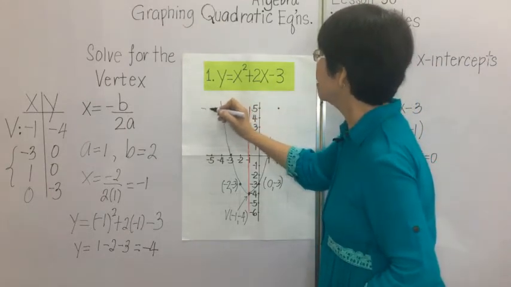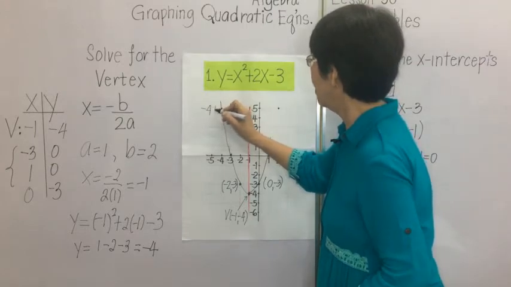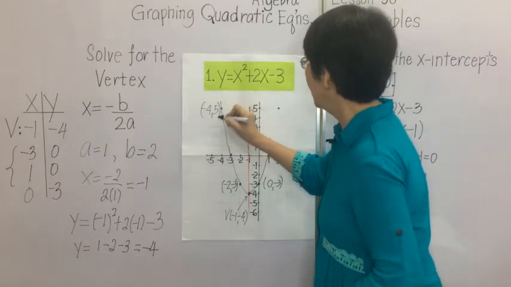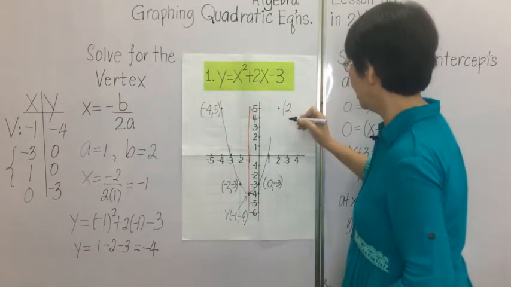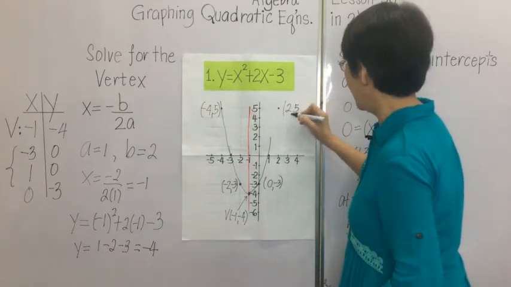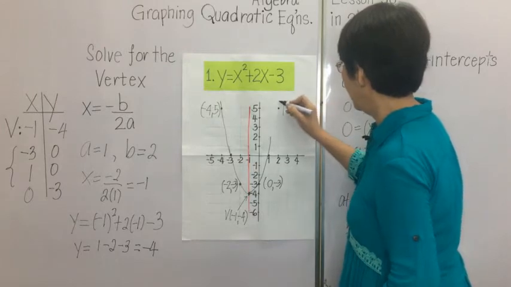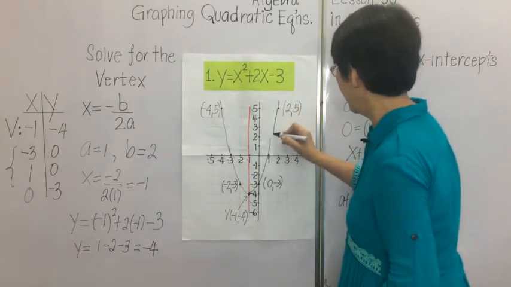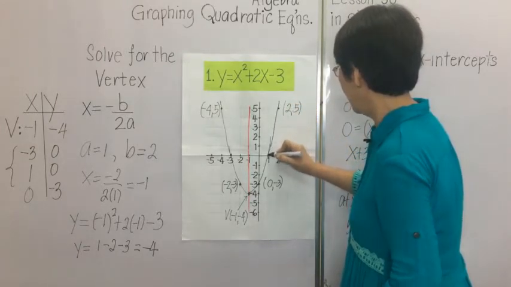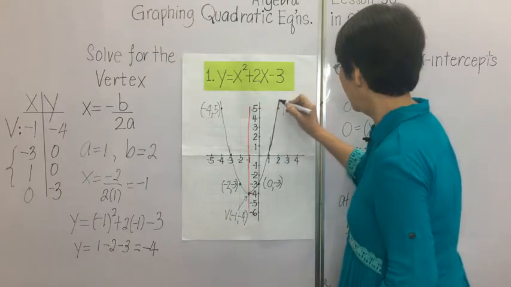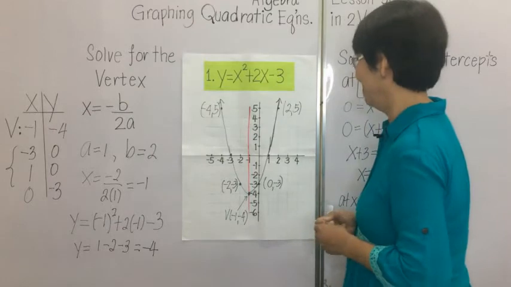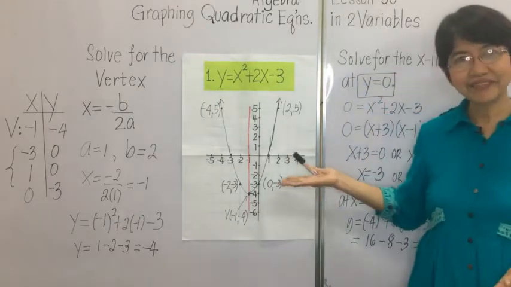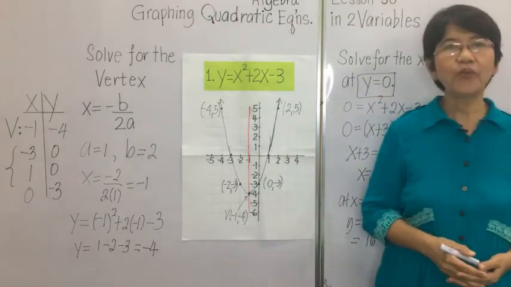This is negative 4, 5, and this one is positive 2, 5. There you have it, a parabola going upward.